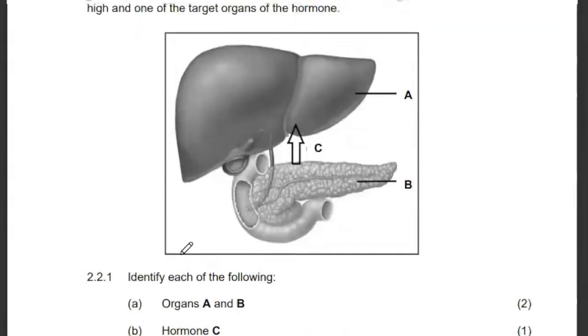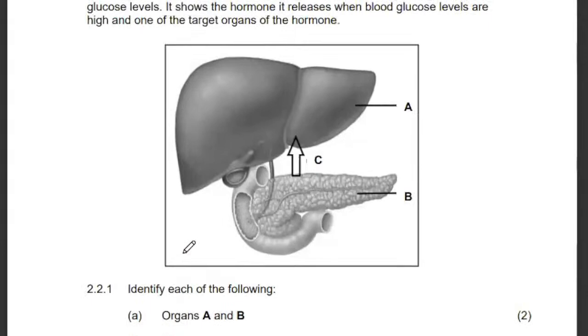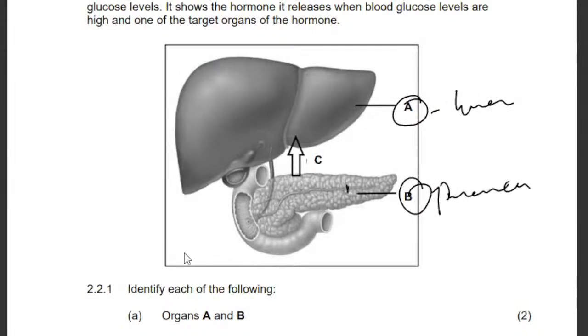So now, as I told you, you think: which organ is this? It is the liver. And which gland is this? It is the pancreas. So the hormone is from the pancreas and it goes to the liver.